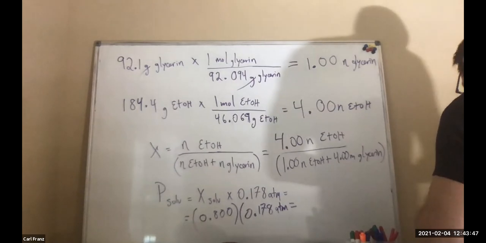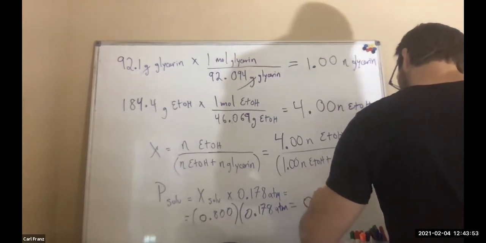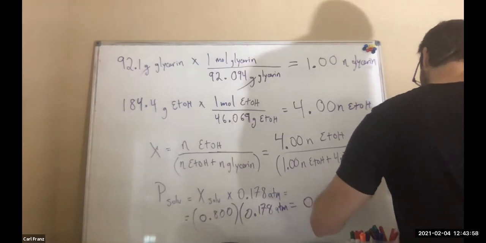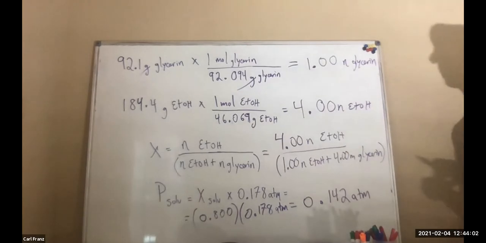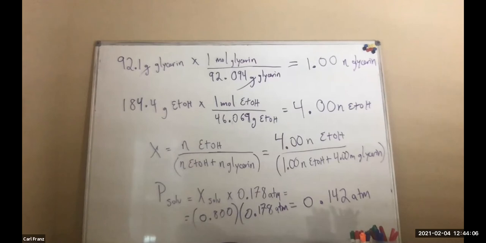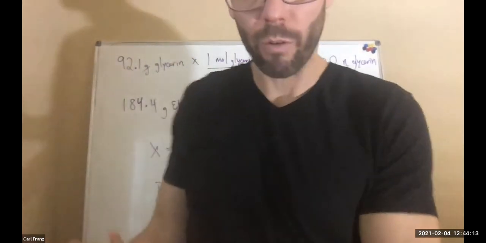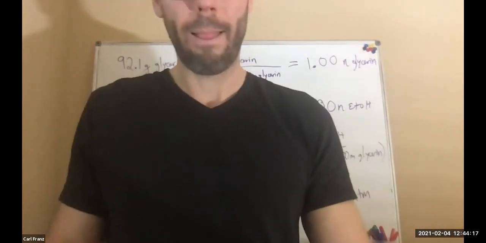That gives me 0.142 atmospheres of our ideal solution. Okay? So the big part of this calculation was just doing the mole fraction. And to get to the mole fraction, we just took grams, good old stoichiometry, grams to moles.